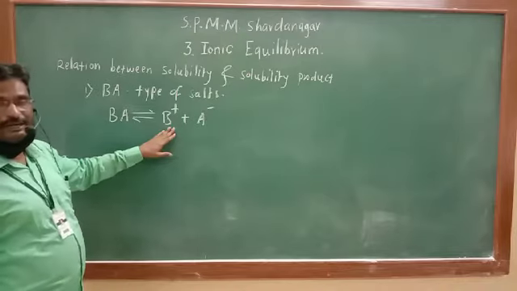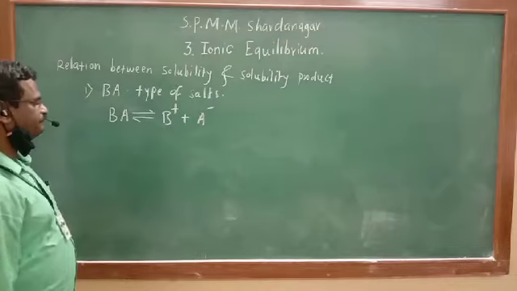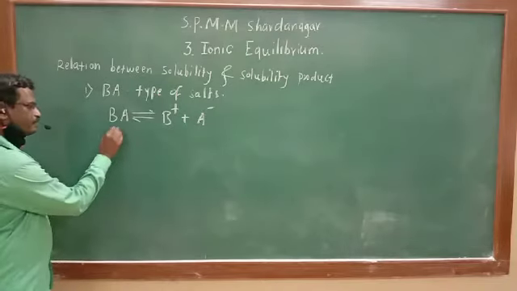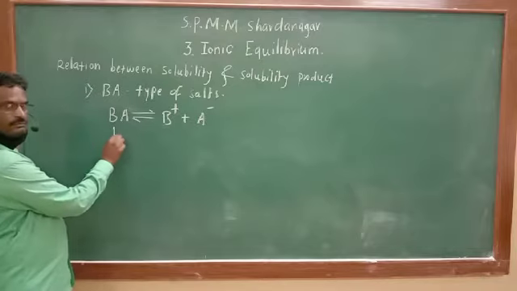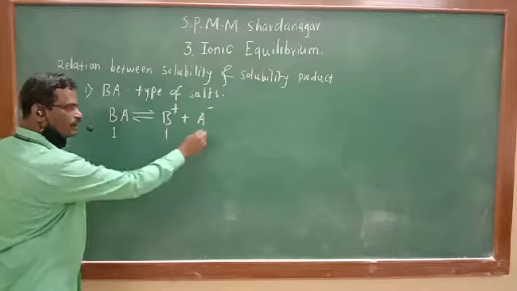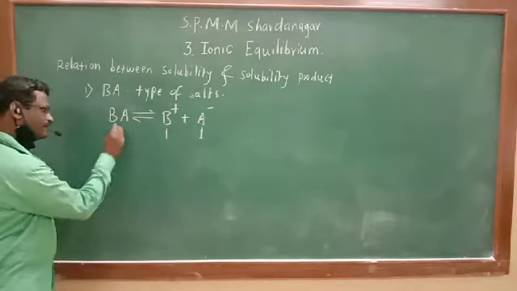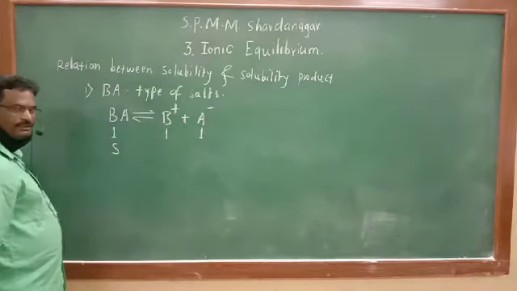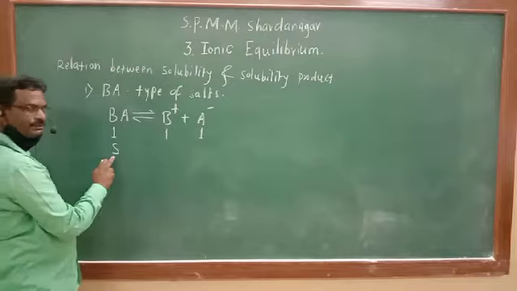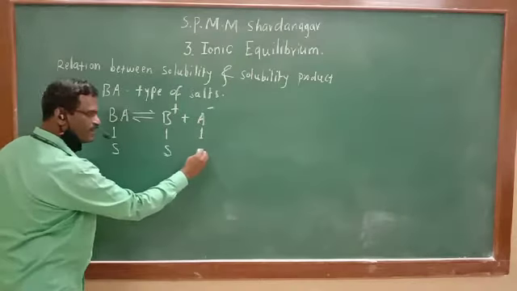Now what is solubility and solubility product and the relation between them? That part we have to see here. If this is 1, how many B plus ions are obtained? 1. How many A minus ions are obtained? 1. So if this is S, the solubility, the dissolved part, instead of 1, if this is S, how many B plus are obtained? S. How many A minus ions are obtained?